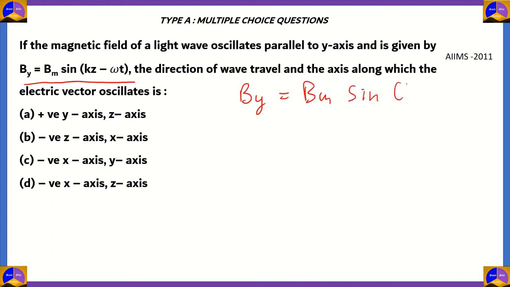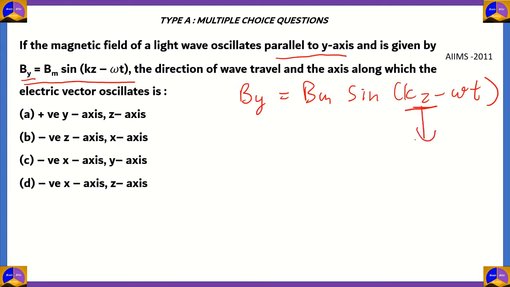Bm sin(kz − ωt). So over here, we know that By means that the magnetic field is along the y-axis, and the magnetic field of a light wave oscillates parallel to the y-axis. But if we look at the sine function, you see a component kz.